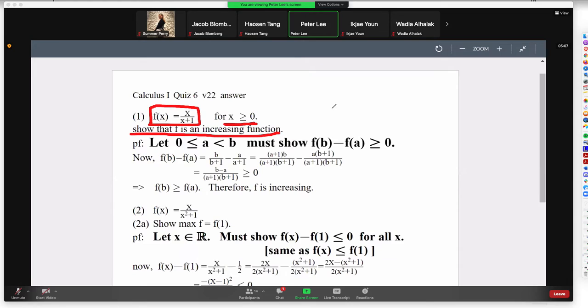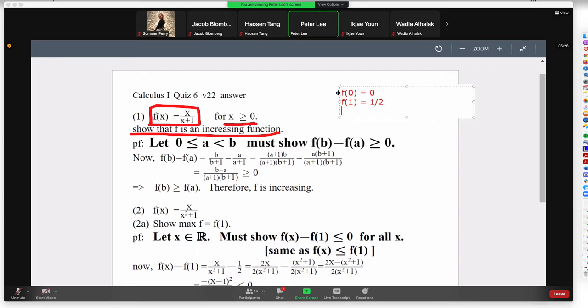Now, some of you did this. You found f of 0. What is f of 0? f of 0 is equal to 0. And then you found f of 1, which is 1 over 2.